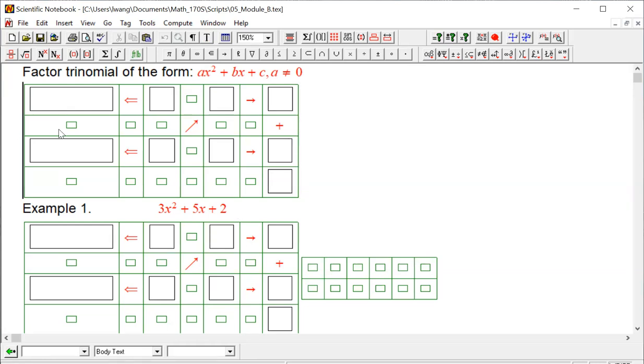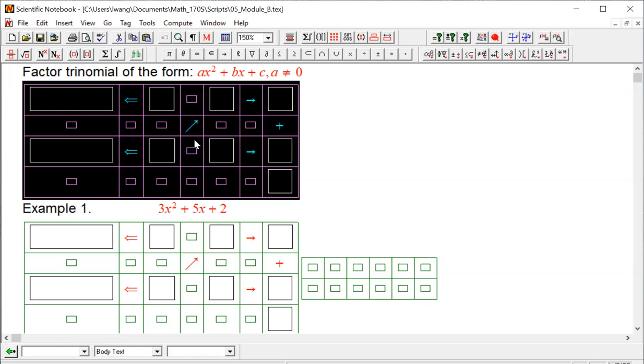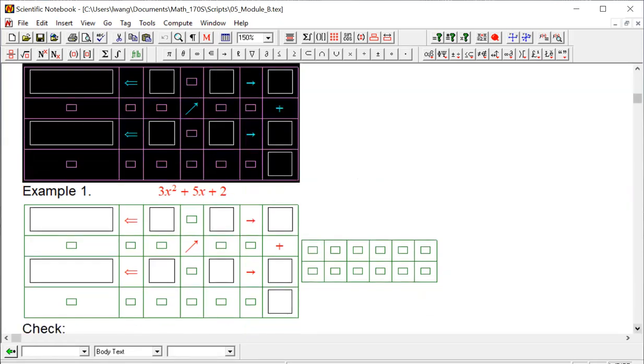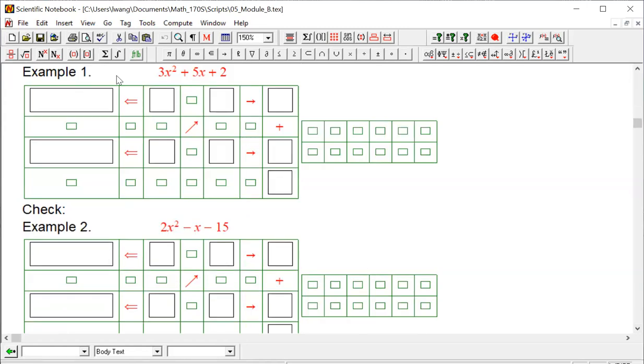Now, we still use the same game board to play this game, but we're going to have a little extra work. For example, consider 3. Three equals 1 times 3. It also equals -1 times -3.